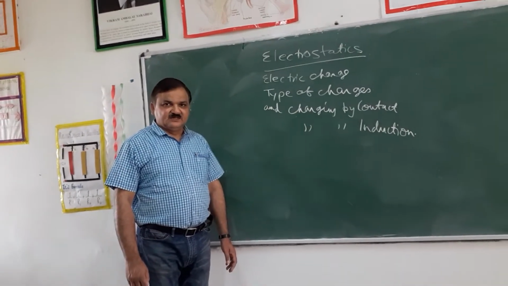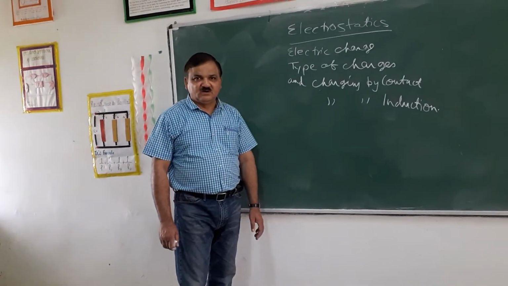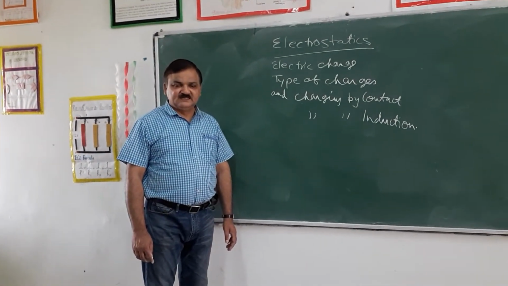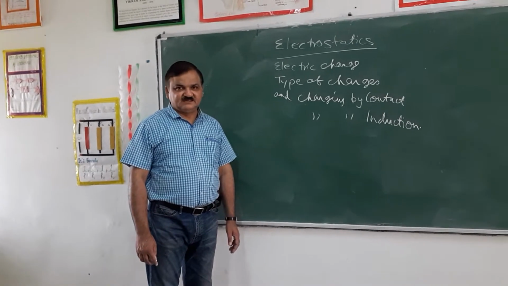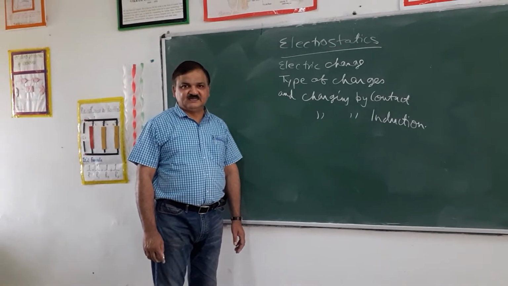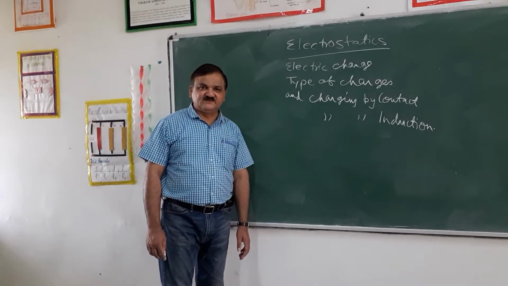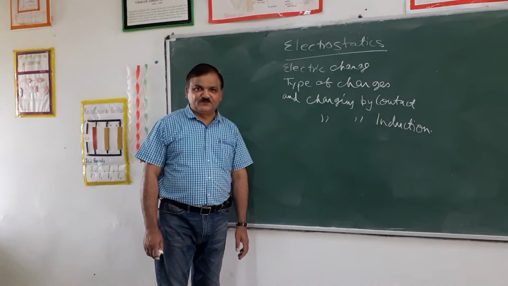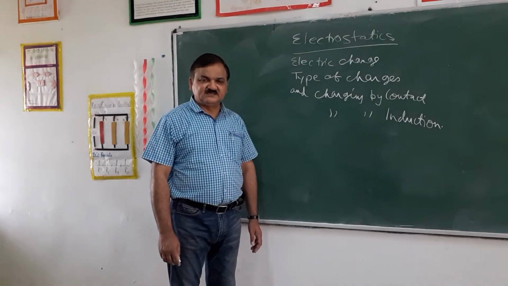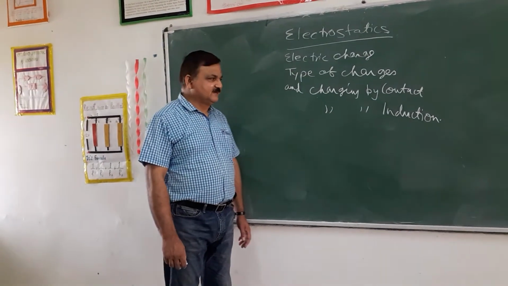And you have also studied that when two positively charged or two negatively charged bodies are brought near each other, then these bodies will repel each other, while when one positively charged body and other negatively charged body are brought near each other, then these two bodies will attract each other. So there are two processes, attraction and repulsion. These you have already studied in your previous classes, as I said in our first lecture.